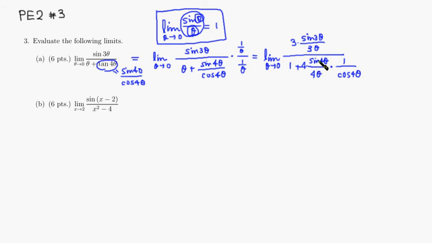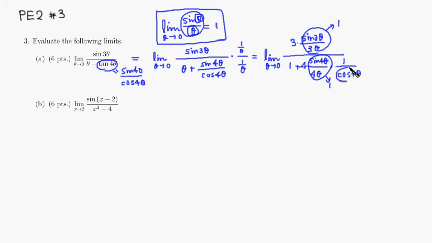Then we can take the limit. As theta approaches 0, sine of 3 theta over 3 theta approaches 1. For the same reason, sine of 4 theta over 4 theta approaches 1.